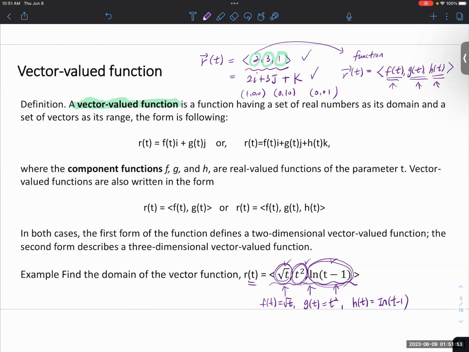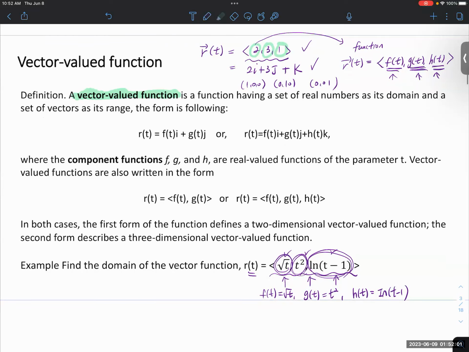Therefore, each component is going to have a domain and range because they are functions. If we are talking about vector valued function in two-dimensional space, we have f and g. In three-dimensional space, we have three components f, g, h. The components are real valued functions in terms of t, so you can write it either f comma g or f comma g comma h.